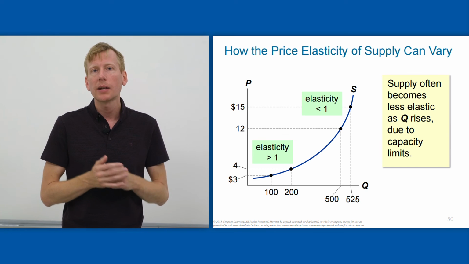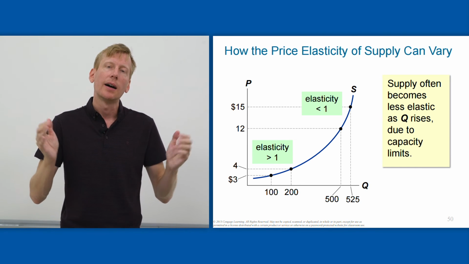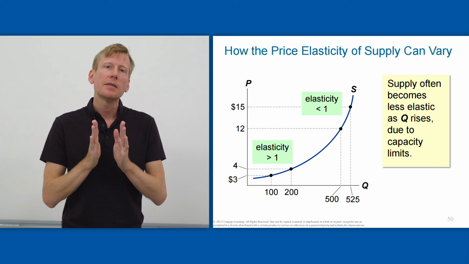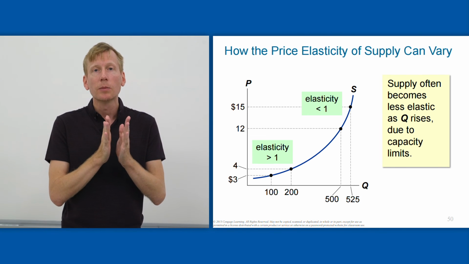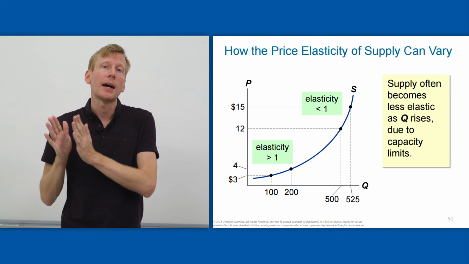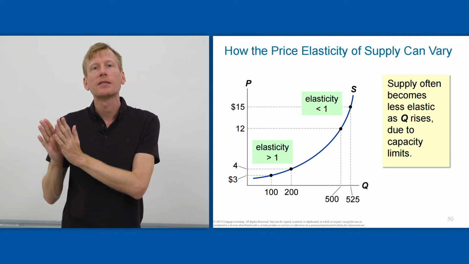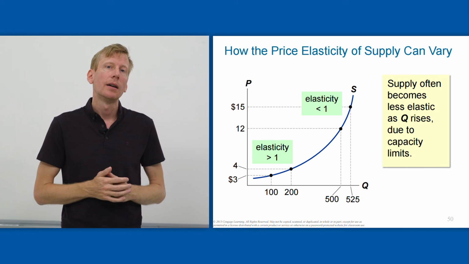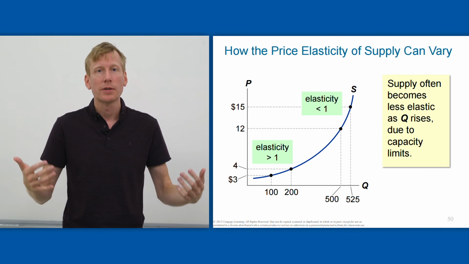And this would result not simply from calculation of elasticity along a straight line curve, but because of something fundamental to the way these goods are produced, that as this single business, or as all the businesses in this market, increase their production past a certain threshold, they begin to see supply constraints kick in, due to the lack of availability of certain scarce resources.